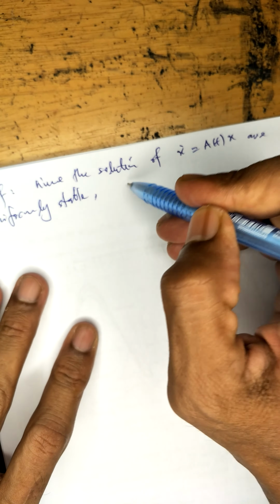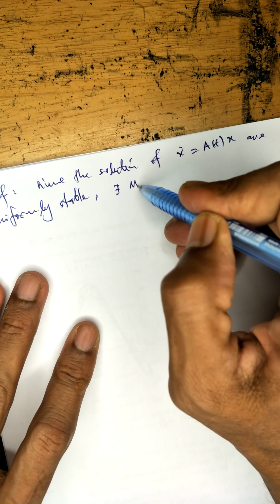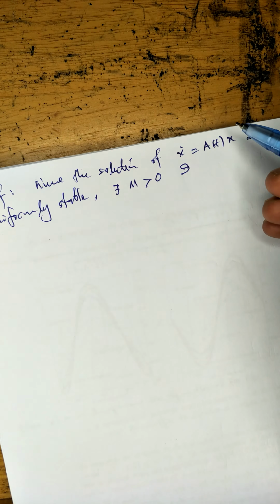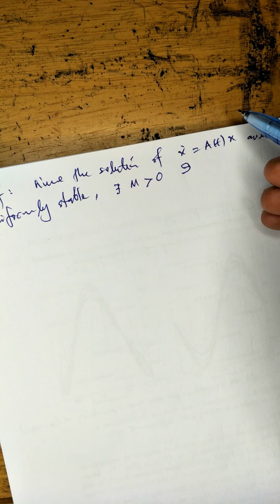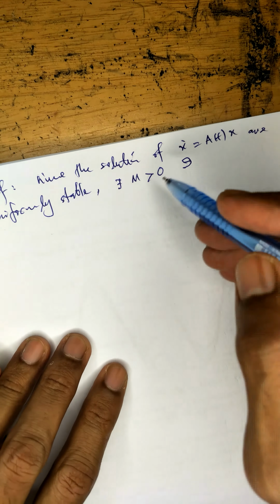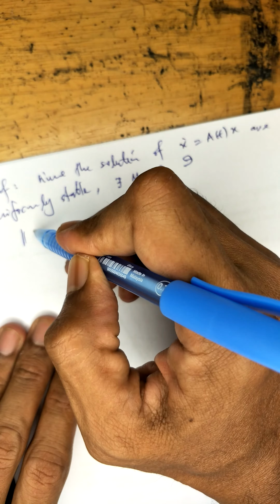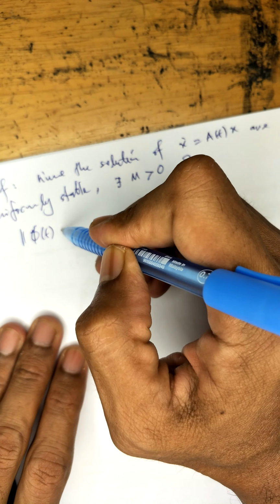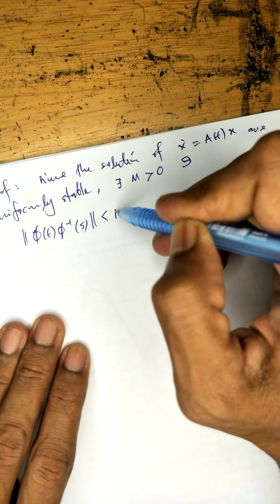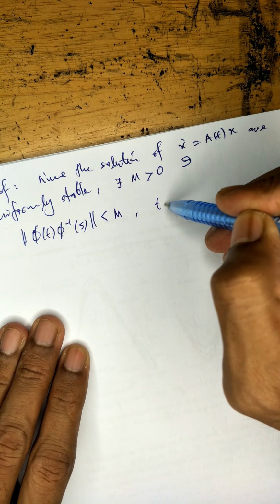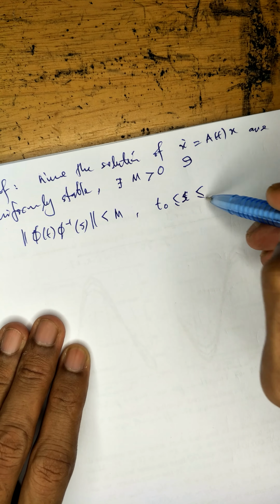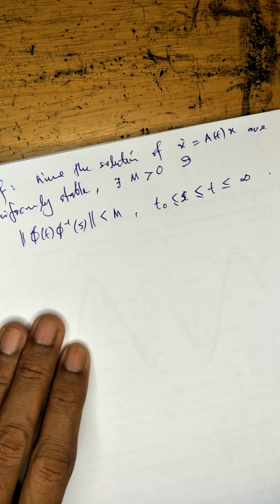So there exists a constant m such that for any fundamental matrix phi, we have phi(t) phi inverse(s) less than m for t naught less than or equal to s less than or equal to t less than infinity.